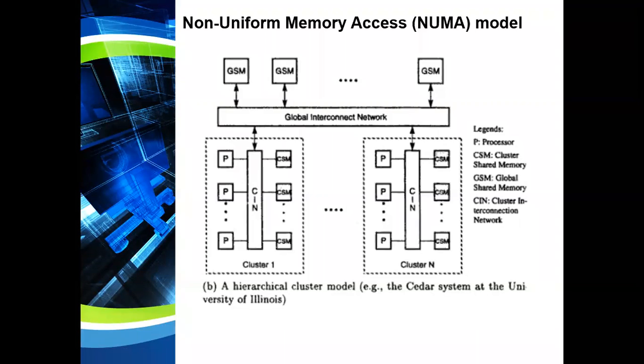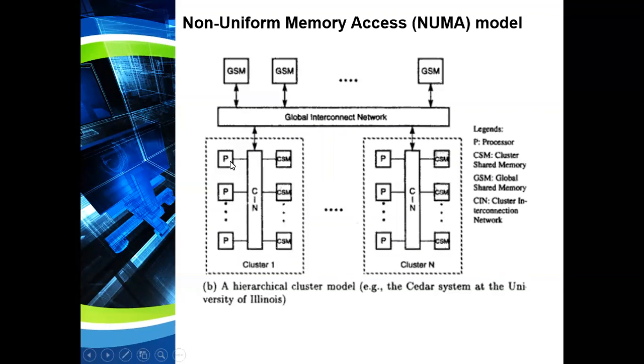So what is going on within this architecture? Each processor is allowed to access its local memory, the corresponding memory, directly. At the same time, the processors within each cluster are allowed to access the CSM, that means cluster shared memory.